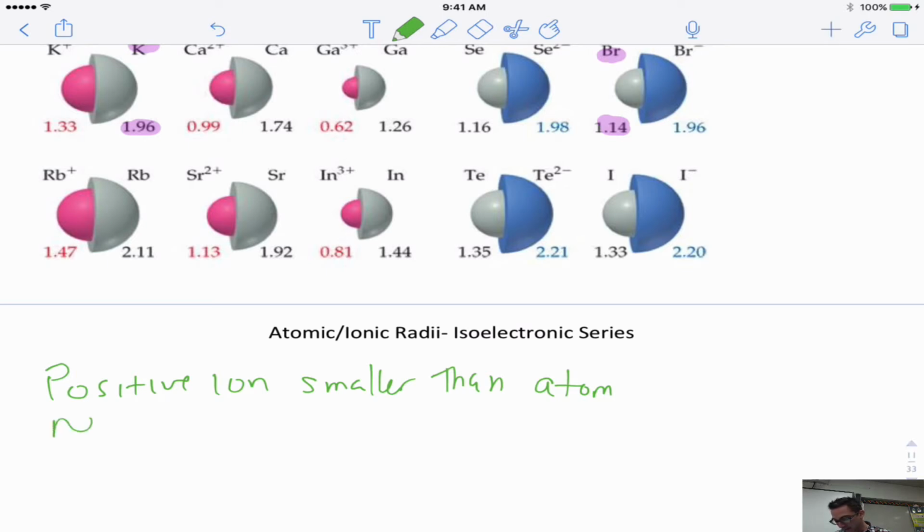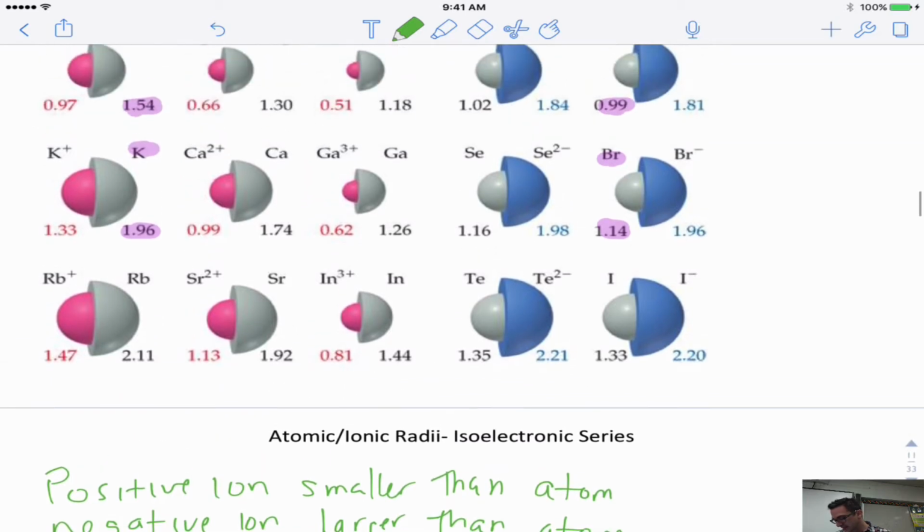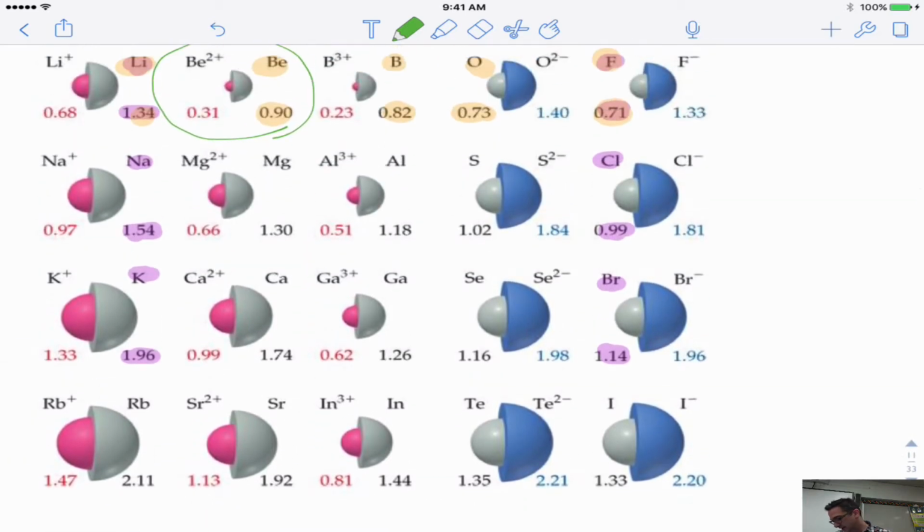And if you are a negative ion, you're going to become larger than the atom. You can see that with the negative ones here. If we look at oxygen and O2 minus, the O2 minus has gained those 2 electrons, and it becomes quite a bit larger than what the oxygen was.